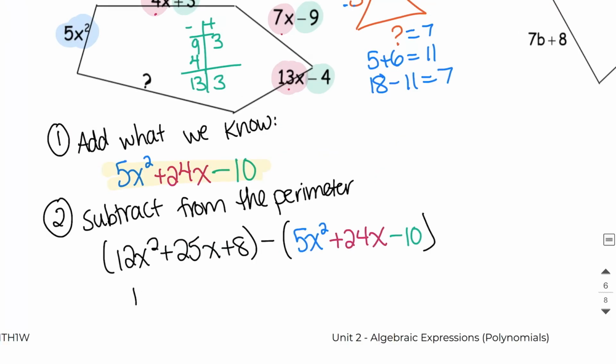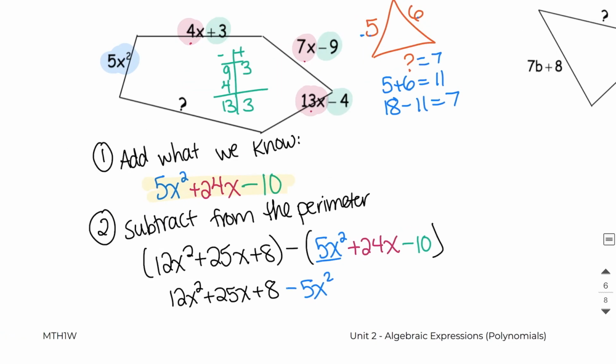There's nothing I can do with this first expression, so I'm just going to copy that down, but I can distribute that negative through to my second expression. So this 5x squared becomes a negative 5x squared. This 24x becomes a negative 24x. And this negative 10 becomes a positive 10.